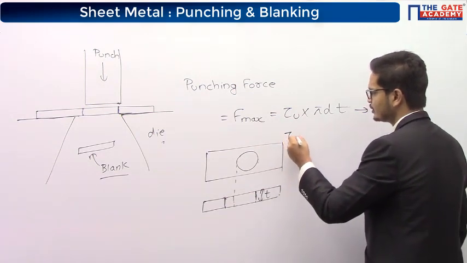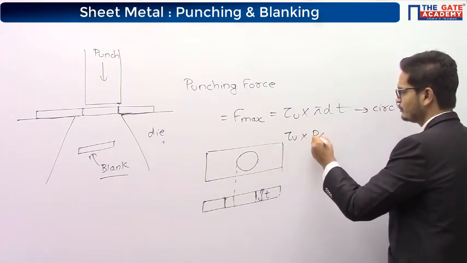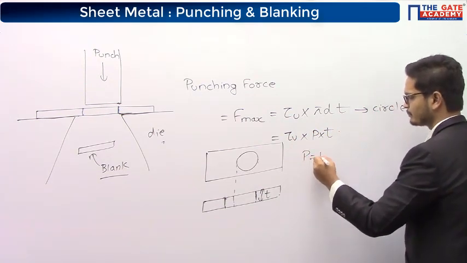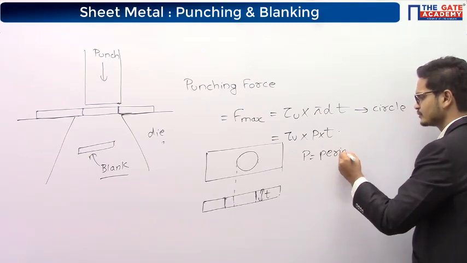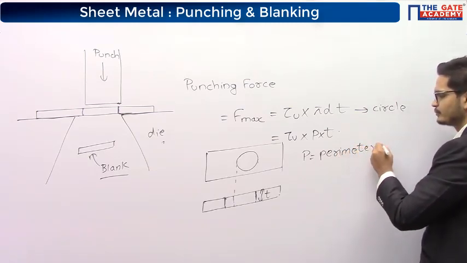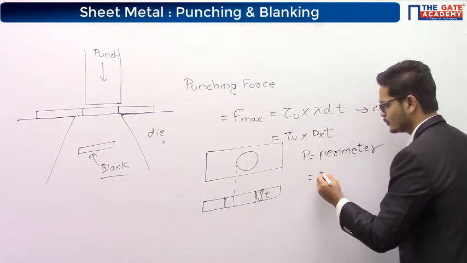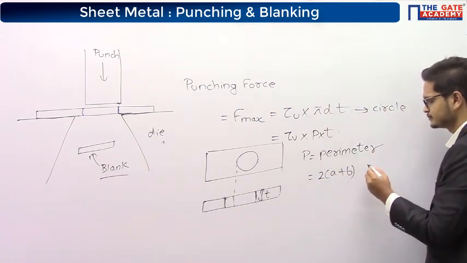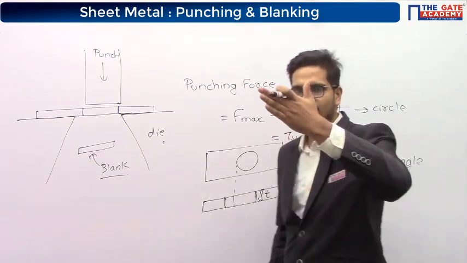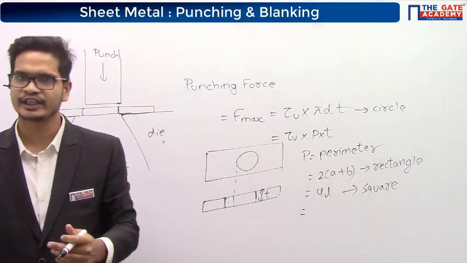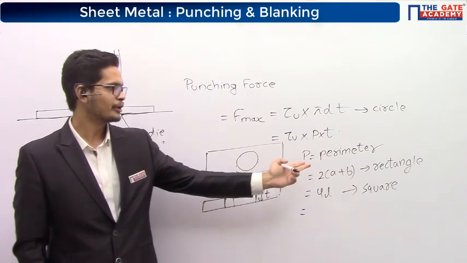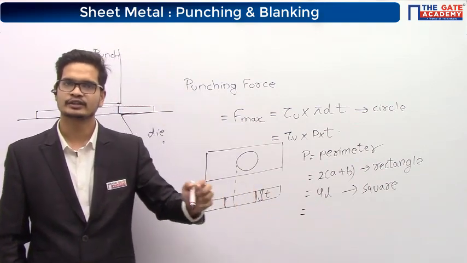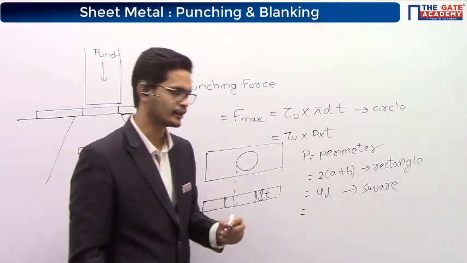It will be tau u into perimeter into thickness, where P is the perimeter, equal to 2 times (A plus B) for the rectangle. And if you are just cutting a straight line, the perimeter will be equal to the length of the straight line.